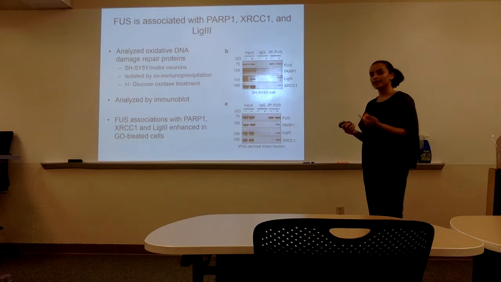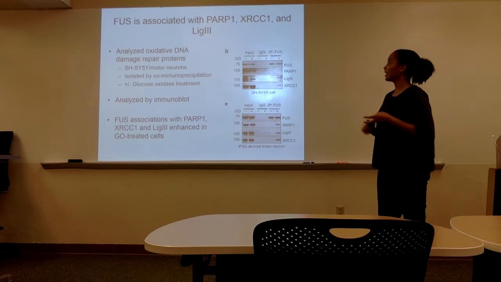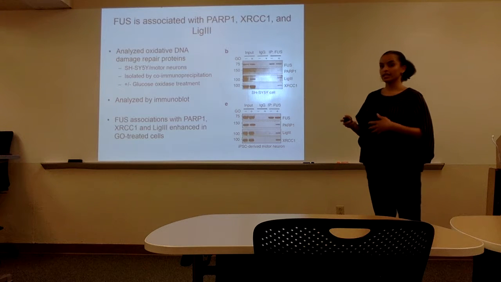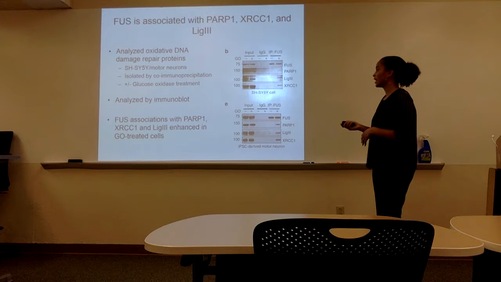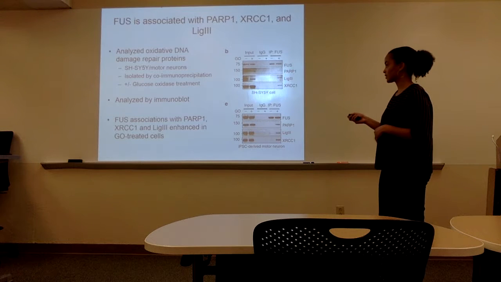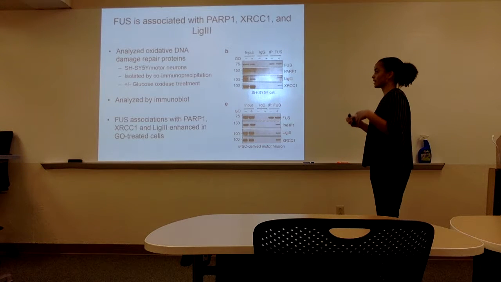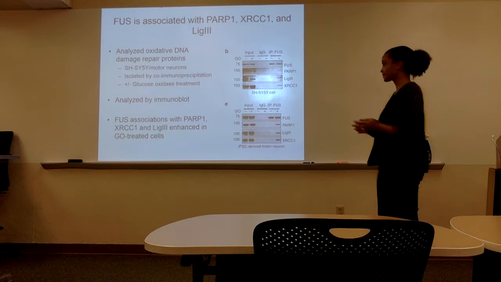The next thing they found was that FUS is associated with PARP1, XRCC1, and LIG3. How they did this is that they analyzed these DNA damage repair proteins in both the SHSY5Y cell and also in motor neurons. They isolated these proteins using co-immunoprecipitation, and then they treated them with glucose oxidase.